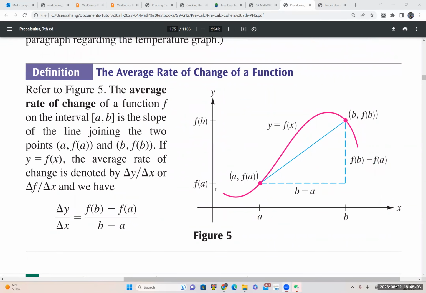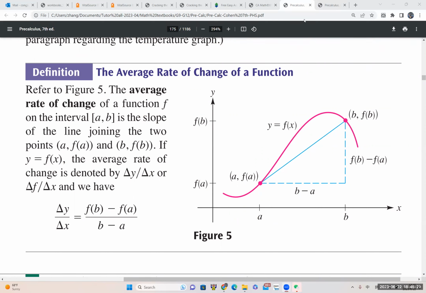Here is a definition. It just means between 2 points you have a line, then find its slope, right? This slope represents the average rate of change in this interval.